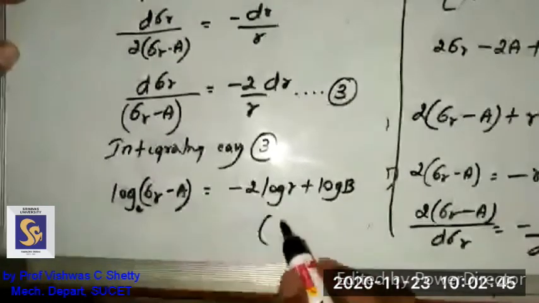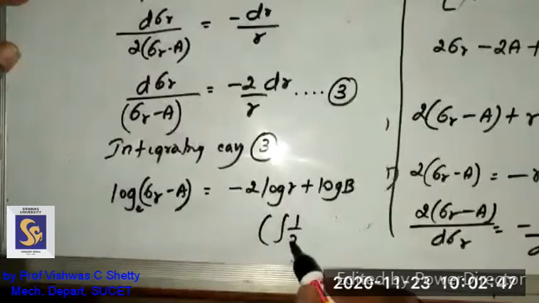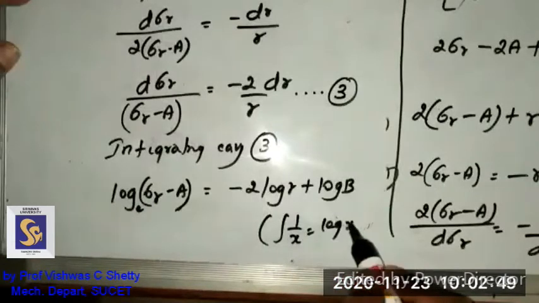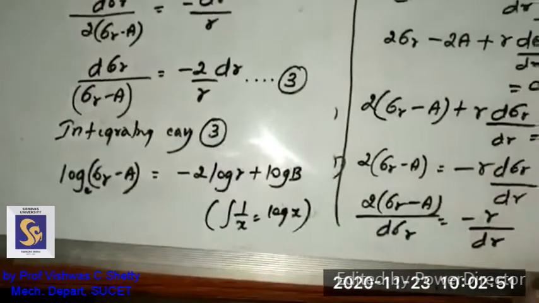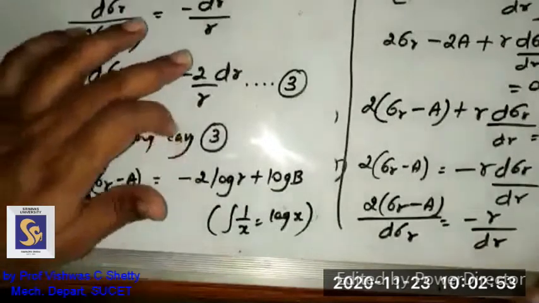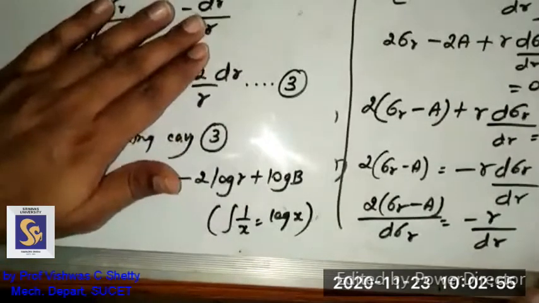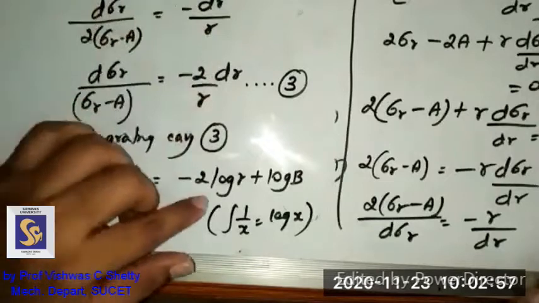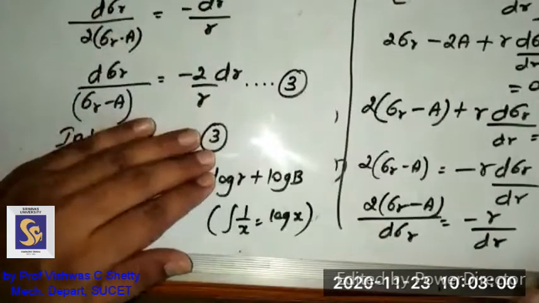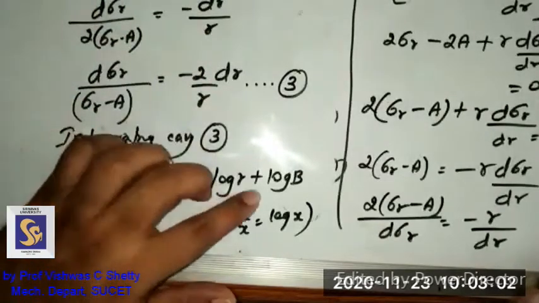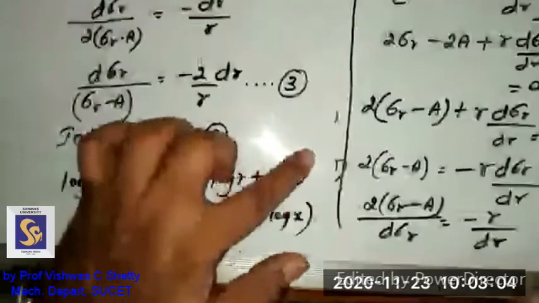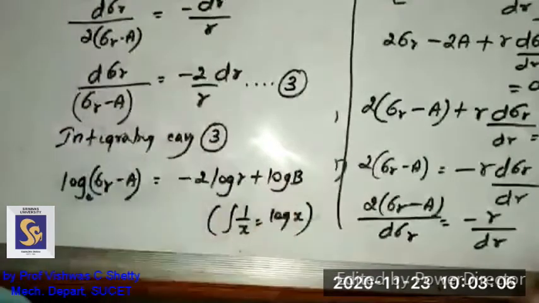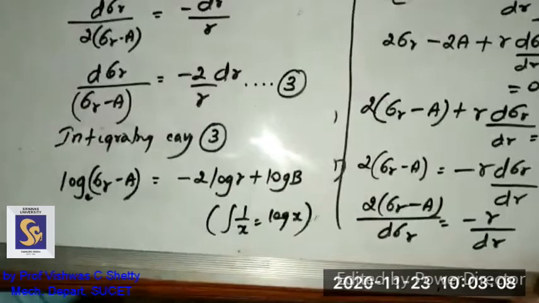Since integration of 1 by x equals log x, so 1 by r gives log r, minus 2 is already there, plus a constant c, and that constant we are taking as log b.